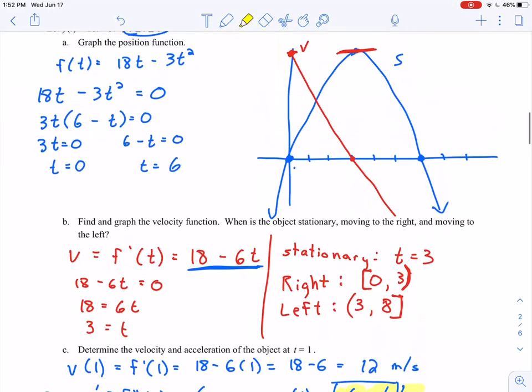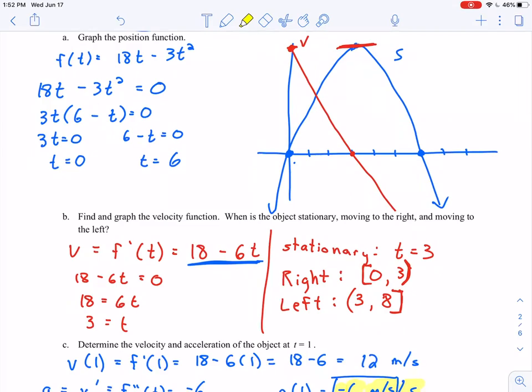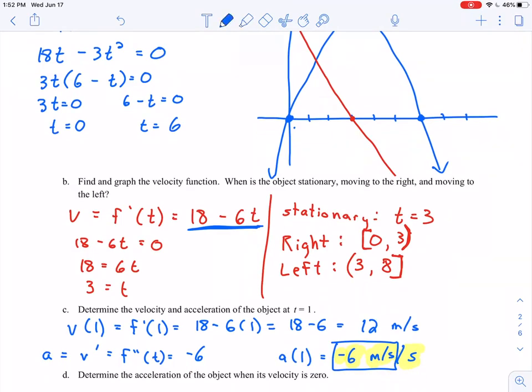And that makes sense if we look at the graph of velocity here. The graph of velocity had a negative slope. It looked like my velocity was constantly decreasing. So if it's constantly decreasing, the derivative of velocity should be negative. And we just saw that right here it is. So okay, we found velocity, we found acceleration.